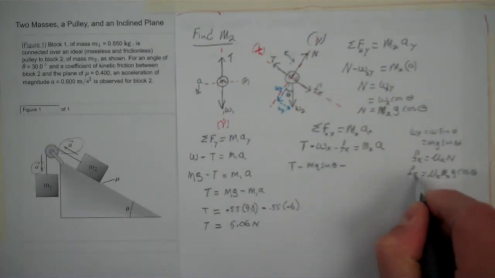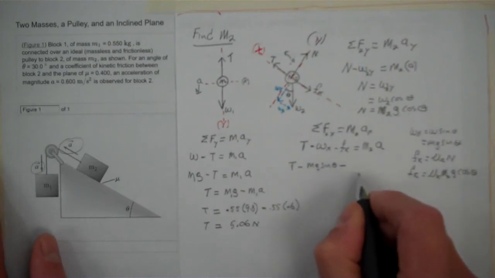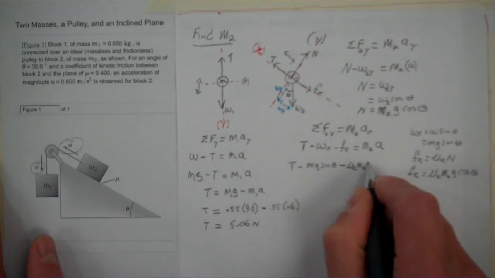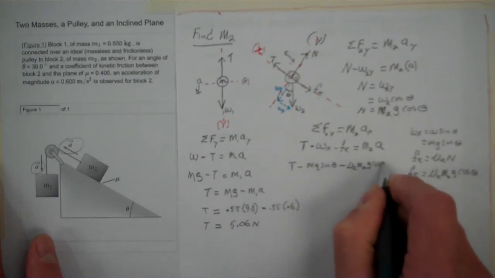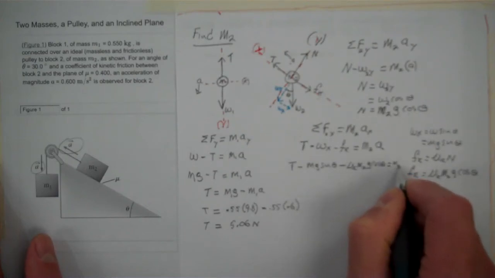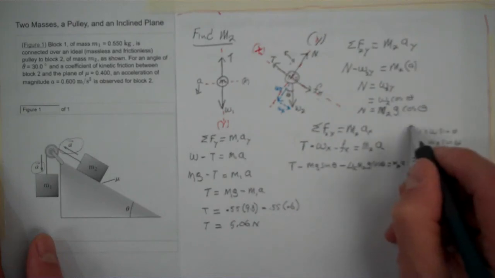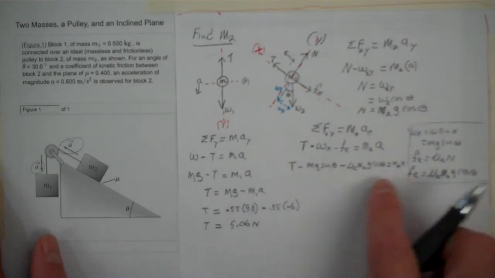All right, lots of little letters everywhere. That's going to go here. Can I fit it all in? Mu k m2g cosine theta equals m2a. All right, those are little side calculations.